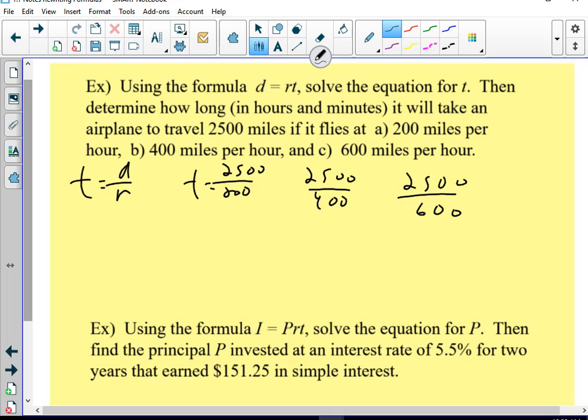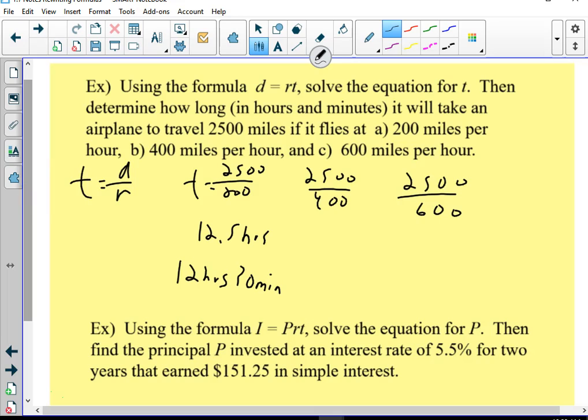Okay, so what's 20? You don't even need a calculator. What's 25 divided by 2? What's 24 divided by 2? 12. So 12 and a half, right? So 12.5 hours, or 12 hours, 30 minutes.